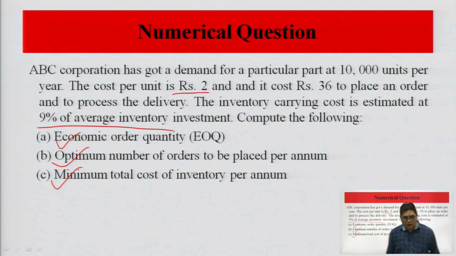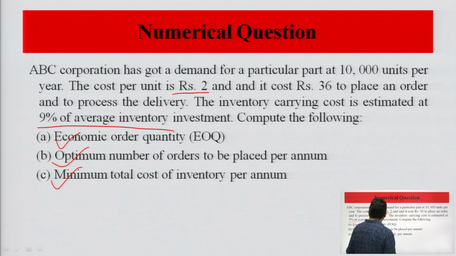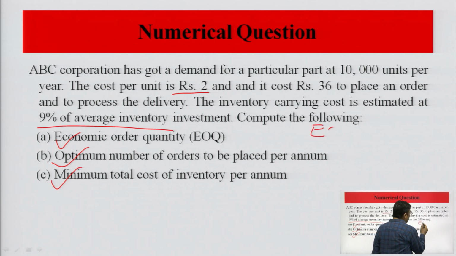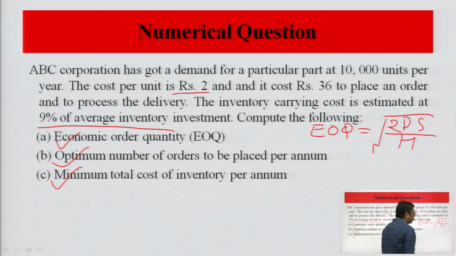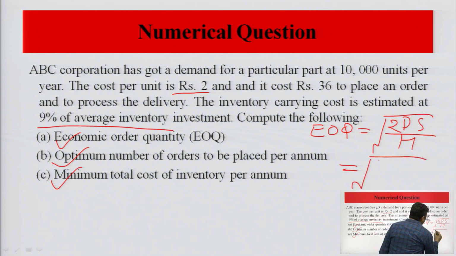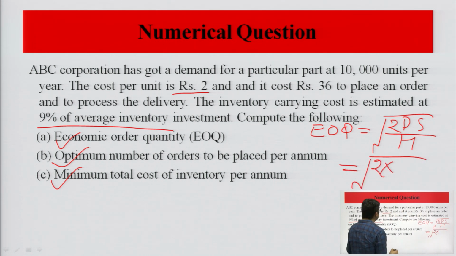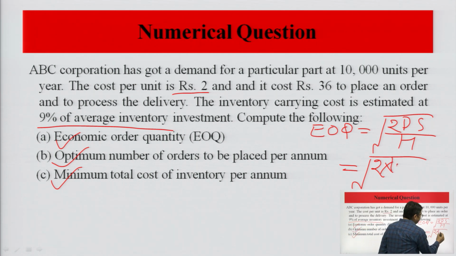So, what does the first question say? We have to calculate the EOQ, and the formula will remain the same: square root of 2DS upon H. D is the annual demand, S is the setup cost, and H is the holding cost. Next, we will identify the demand: it is 10,000.